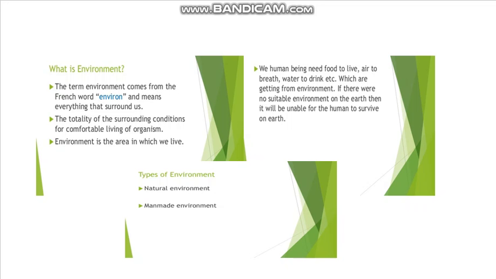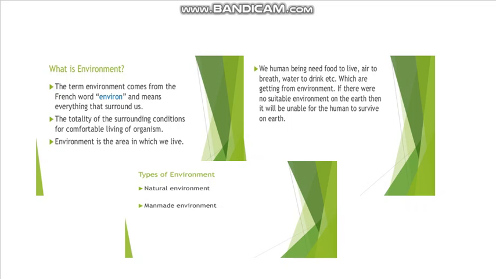The number and types of animals and plants that live in a particular environment depend upon the amount of rain, the amount of sunshine and the temperature of that place. We depend on these conditions. We cannot live in areas where there is too much rain or where the temperature is very high.